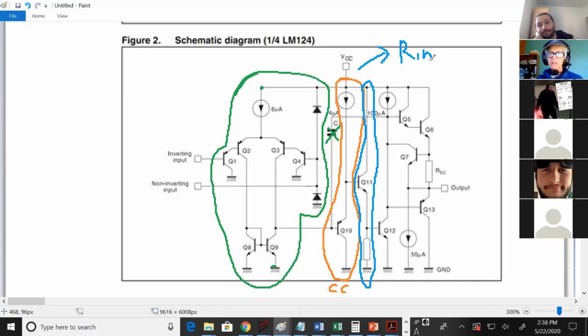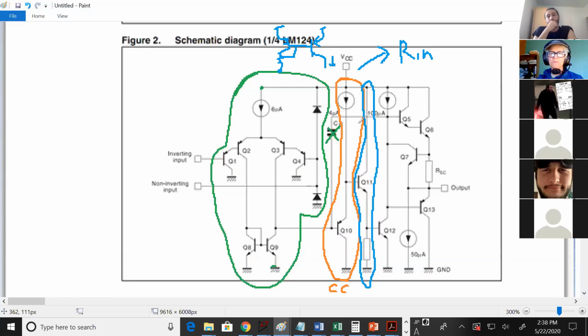Now remember that this current source is a current mirror, so the actual circuit would be, there's your current, and then it would have its biasing circuitry over here. This would be diode connected.